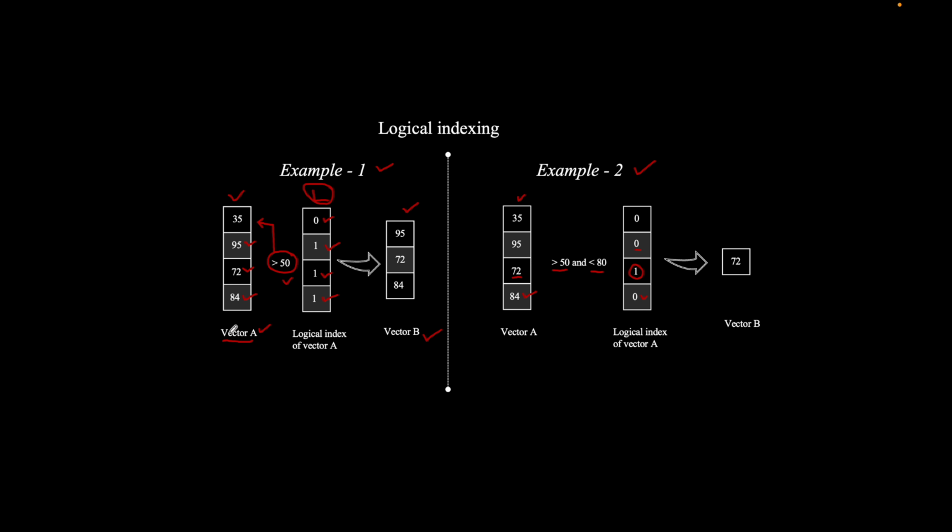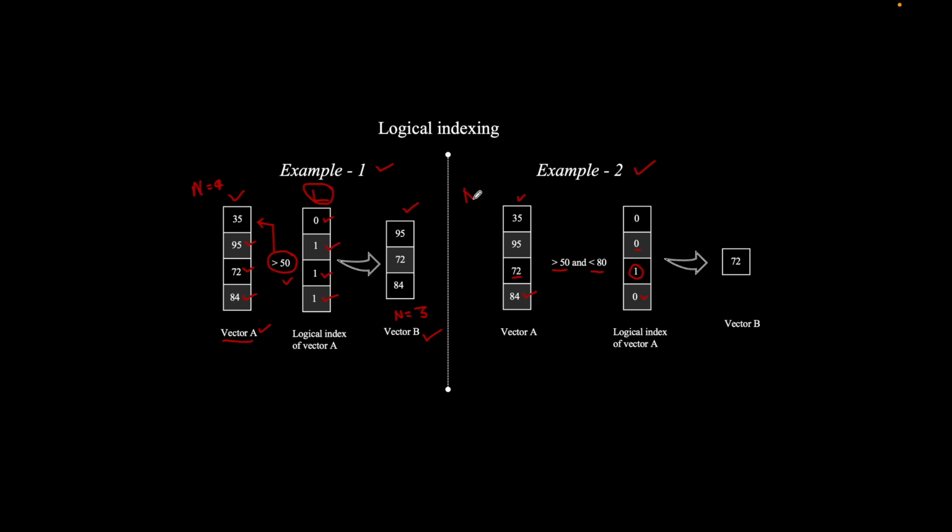Along with that, what you can observe over here is that the initial vector size is maybe n, which in this case is 4. But when you reach the final one, n is 3. There could be a possibility that the output vector will not be of the same dimension once you apply this logical indexing, because whenever we get 0, that part we ignore, and that part is not taken into consideration.